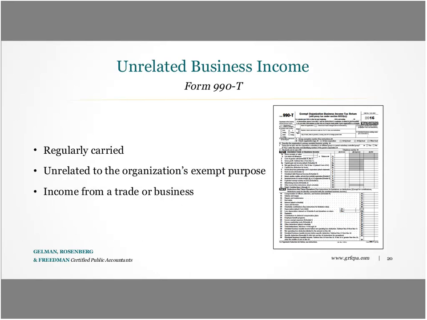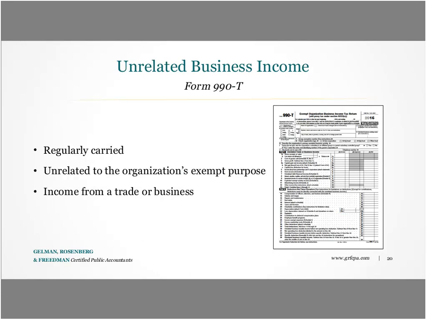However, an organization can, on the side, perhaps conduct an activity which is not directly tied to its exempt purpose, and therefore may be subject to income tax. And that is what the Form 990T is used to report if there are such types of activities.